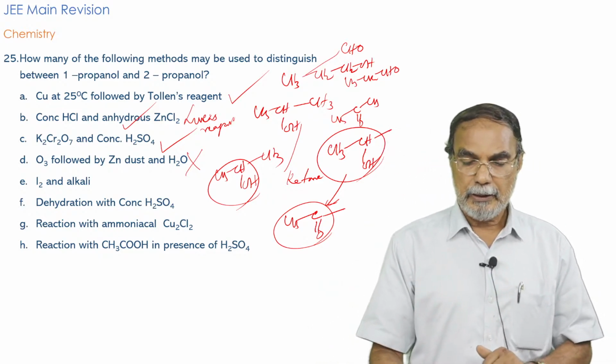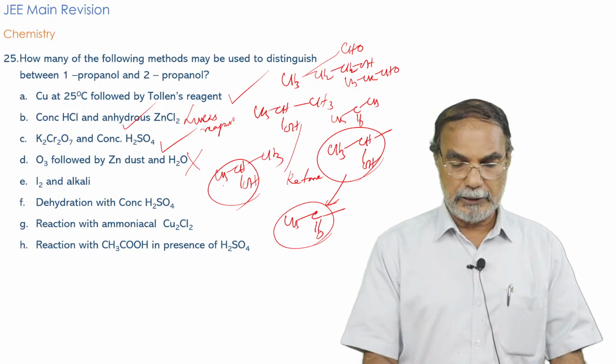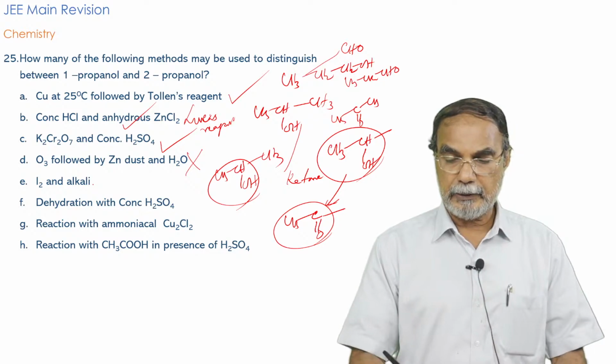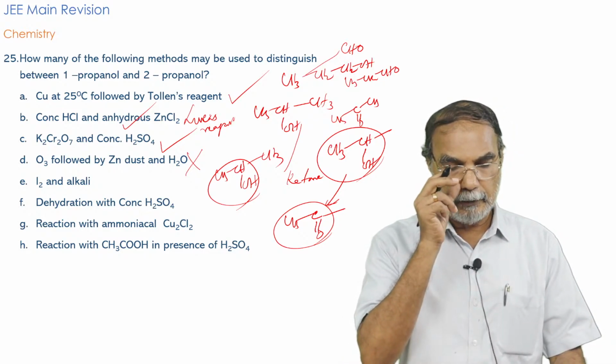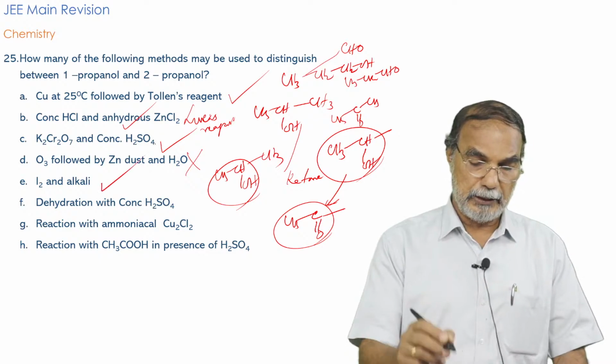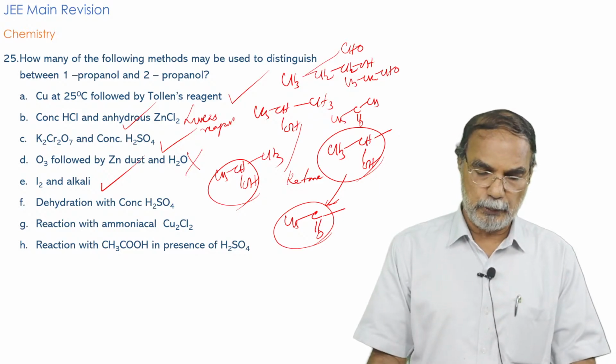That means isopropyl alcohol alone can form iodoform. This methyl group is actually converted to iodoform on reaction with iodine and alkali, whereas normal propyl alcohol will not give the iodoform test. So the iodoform test actually works to differentiate between 1-propanol and 2-propanol.